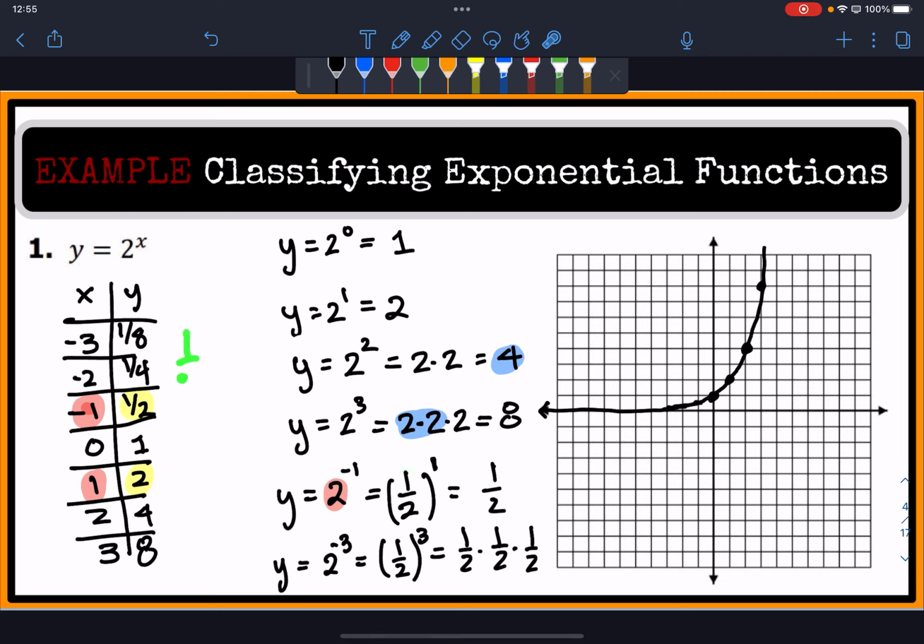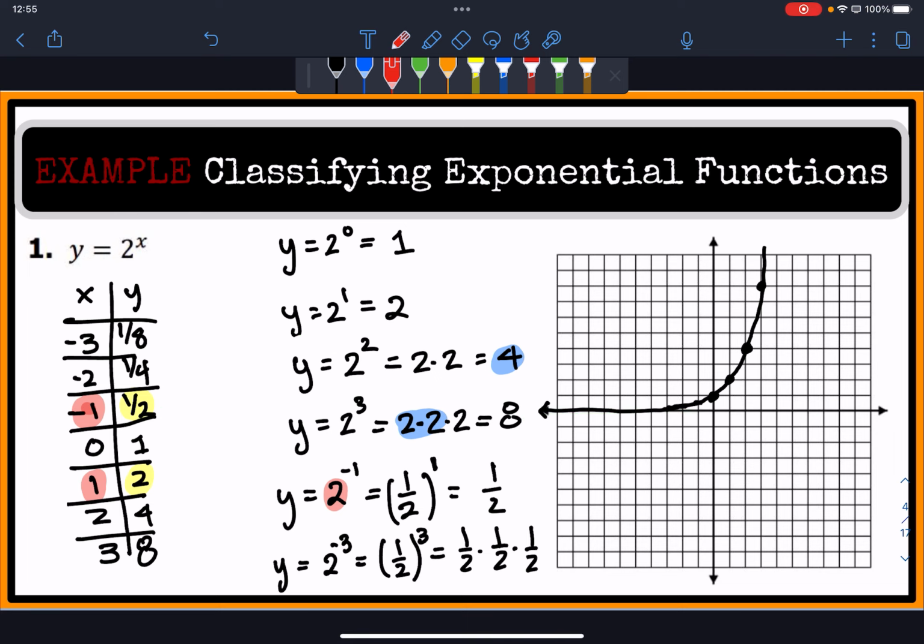So I'm multiplying a bunch of 1/2s together when I plug in a negative number for this exponent. Well, multiplying a bunch of 1/2s is never going to give me a negative number. This answer, multiplying 1/2 with 1/2 with 1/2 and so on, is always going to end up being a number greater than 0, a positive number. So again, I'm never going to be below this horizontal line. And obviously, it's not going to ever equal 0 because we're multiplying a bunch of 1/2s.